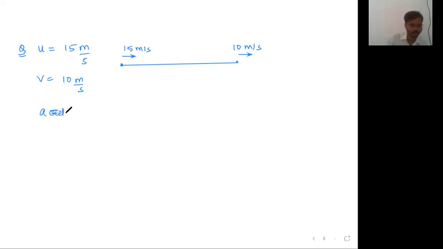So let me write acceleration. Let me model the question. Let's say we have a car here. Now the car applies brakes.